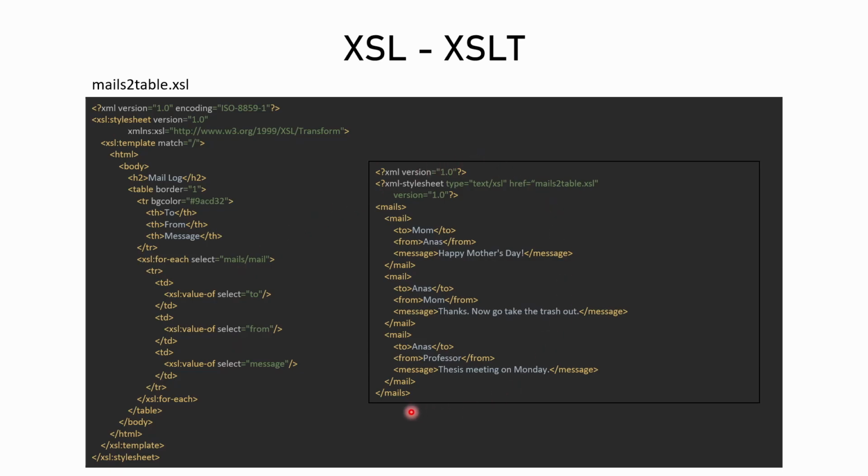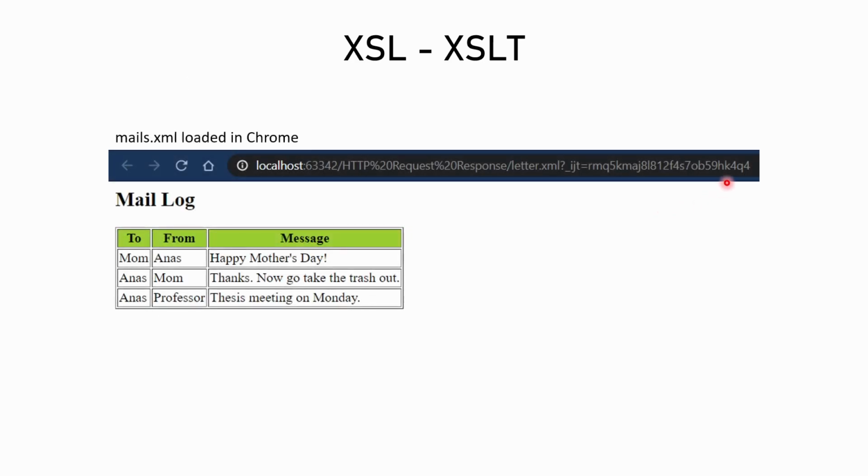Now, if we run this in our Chrome browser, that is, if we try to display this XML file using our Chrome browser, let's see what we get. Okay, so as you can see now, we have a nicely created table here, and we have all the 3 mail instances that we had in our XML file.